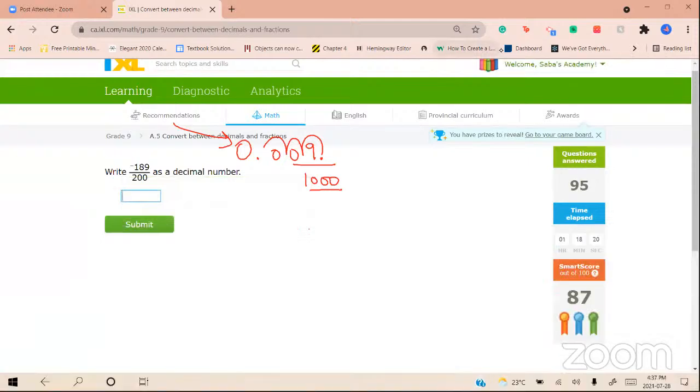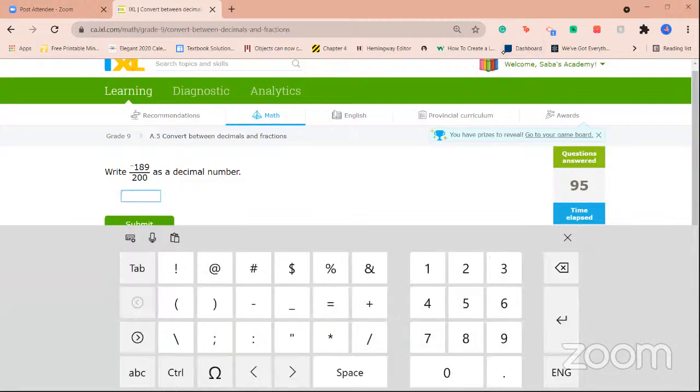And yeah. So why don't I try this one? That's what I think I was doing wrong. Yeah, maybe. That's going to be negative 0.945. Okay, let me put that in. Negative 0.945.